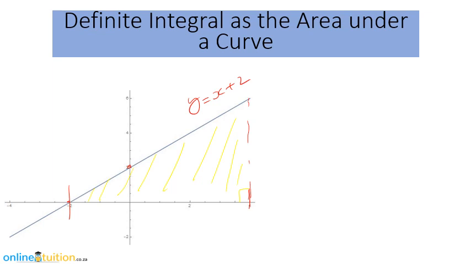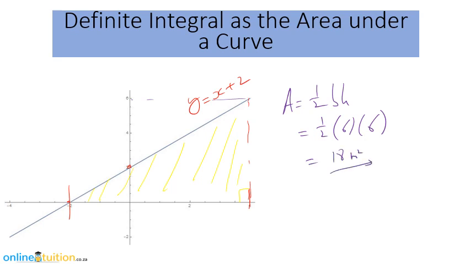And so what we do is say, okay, the area under this curve is the area of the triangle. It's base times the height divided by 2. The base, be very careful, it's 4 minus minus 2, which is 6. The height of this guy is 6. So 36 divided by 2, and that gives me 18 meters squared.